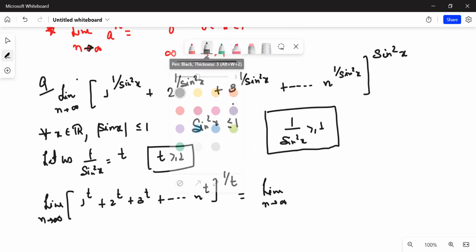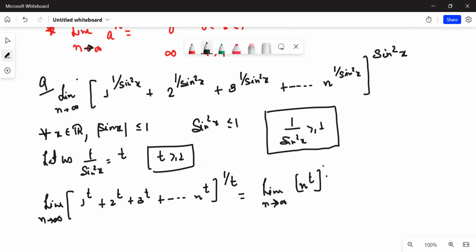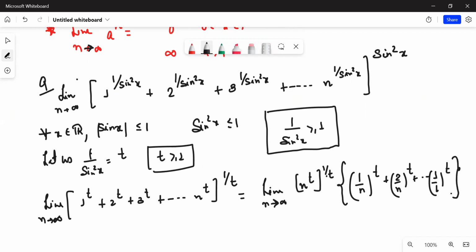Okay, anyway, if you take n tends to infinity and take n common out, this will give you n to the power t raised to power 1 upon t, and then 1 upon n raised to power t, 2 upon n raised to power t, and so on, up to 1 upon 1 raised to power t, whole raised to power t. So overall, this particular limit would go to infinity, because n to the power t, the t would get cancelled, and n remains. Is that clear?